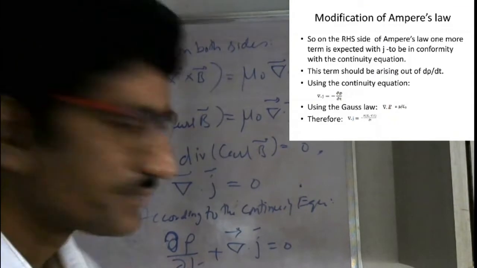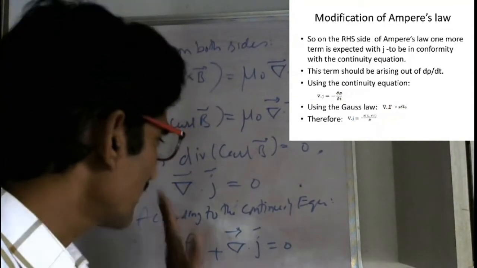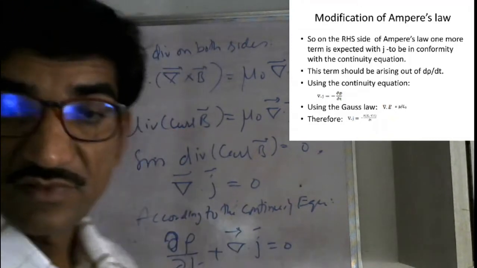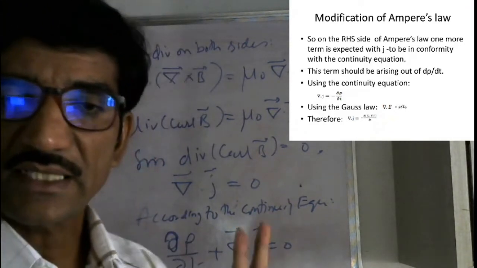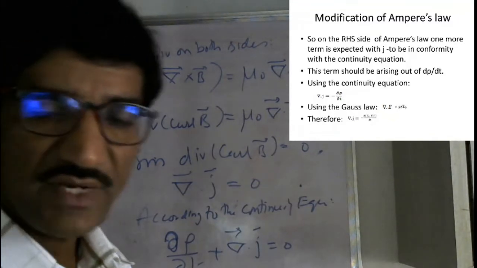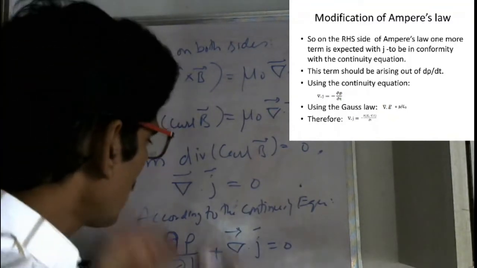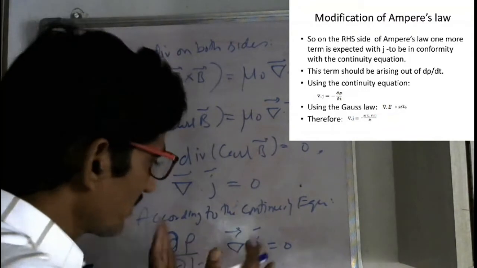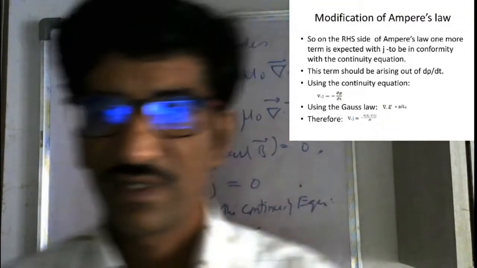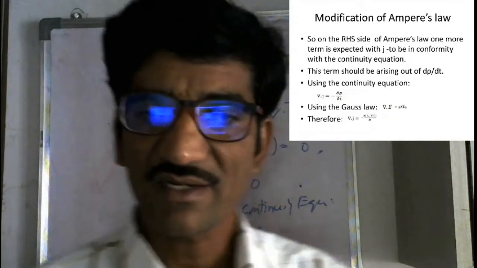Just now, I have seen that it should not be 0, but plus something should be 0. Whenever you start from the Ampere's law, finally we have to get not del dot j, but del dot j plus something equal to 0. So how to guess this extra term?